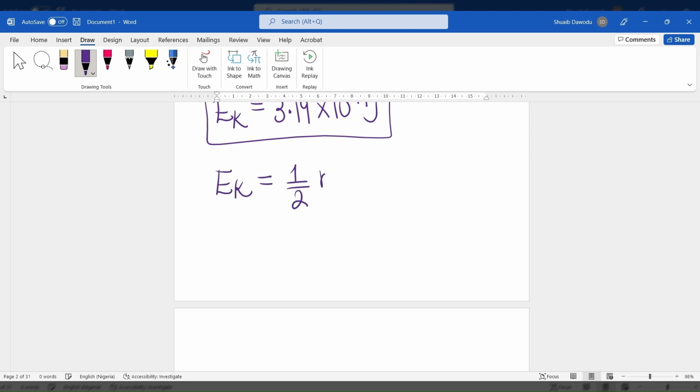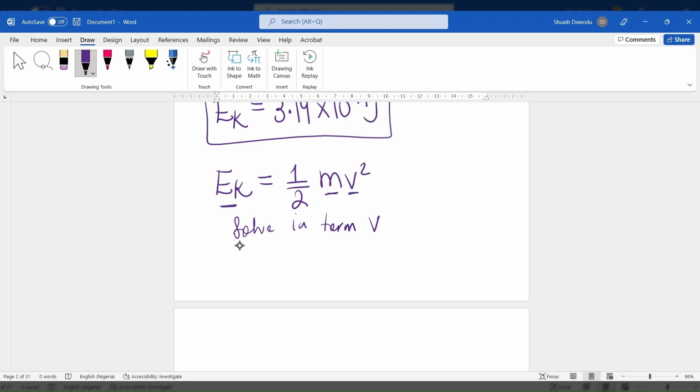Half mv squared. We have EK to be kinetic energy, m to be the mass, and v to be the velocity. Next, we rearrange the formula, EK is equal to half mv squared, in order for us to solve in terms of v. Don't forget, v is what we're actually supposed to solve for, right? The speed of electrons ejected.